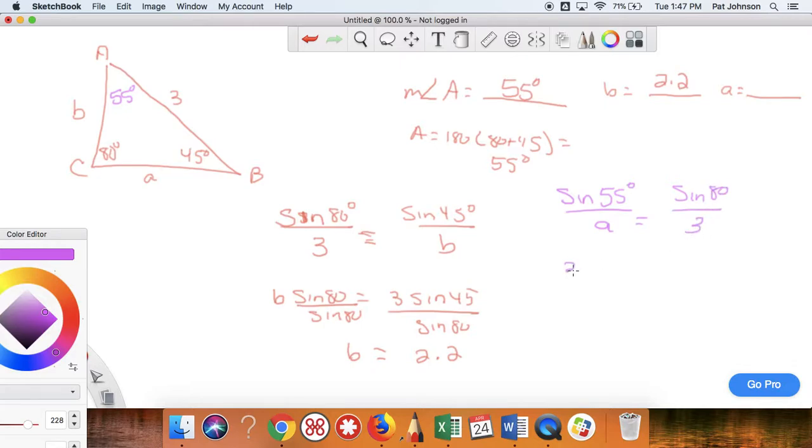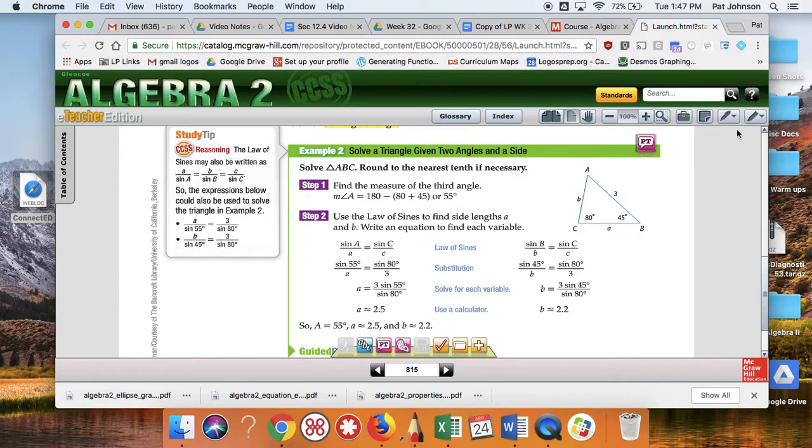Now again, we're going to use algebra to solve. All I'm doing is the cross butterfly method. So a is approximately 2.5.